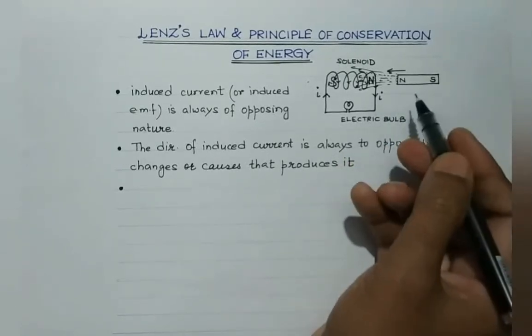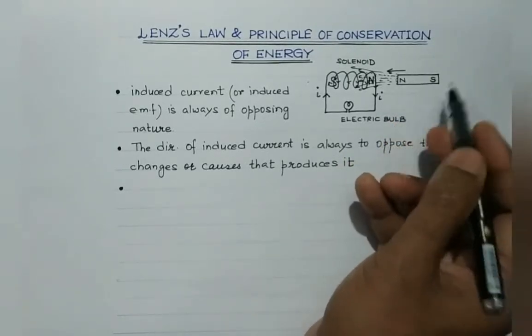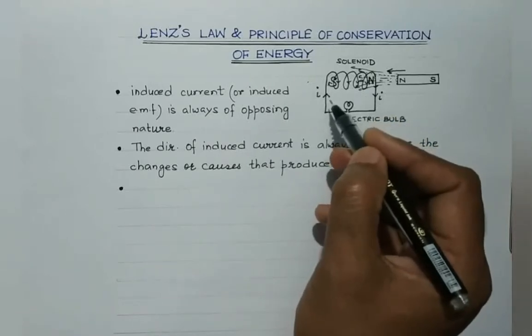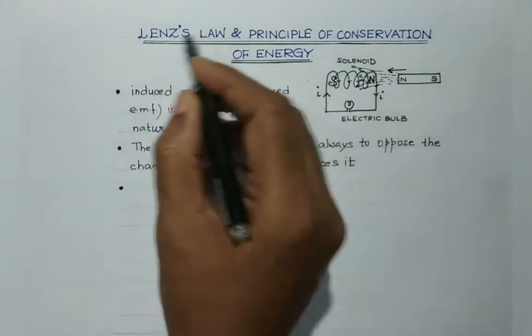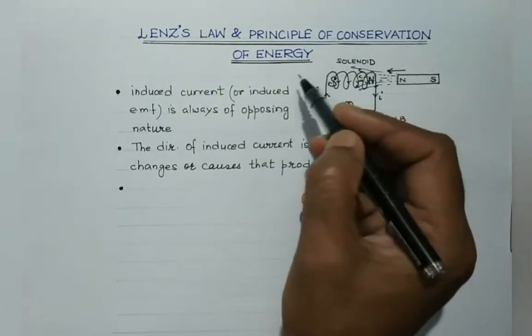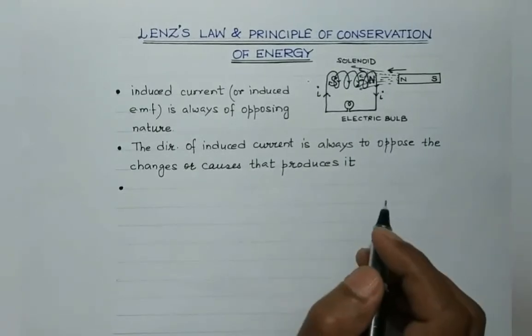So one energy, that is mechanical energy, gets converted into electrical energy, then electrical energy gets converted into light energy. That is how we can safely conclude that Lenz's law is perfectly in accordance with the principle of conservation of energy, right?